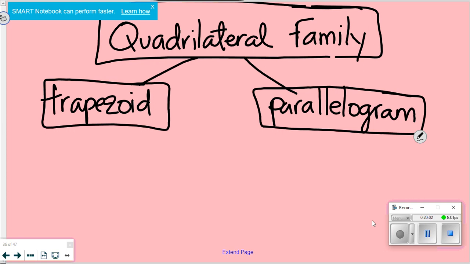Now, trapezoid, there's not really anything else. But parallelogram, I can add some special rules. What happens to a parallelogram when I add the rules of square corners? What shape does it turn into?